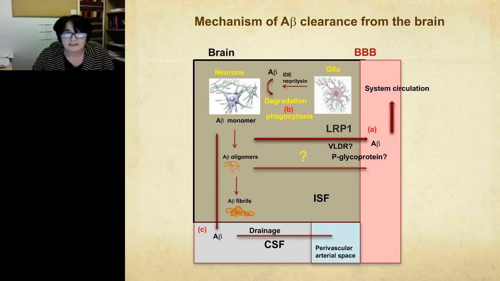It is mediated most probably by LRP1, low-density lipoprotein receptor-related protein 1, and maybe other receptors shown here could participate. Another way of A-beta clearance is degradation in the brain by extracellular proteases, such as insulin-degrading enzyme or neprilysin secreted by glial cells, or phagocytosis by microglia. And finally, part of A-beta could go to cerebrospinal fluid and be cleared by drainage into the perivascular arterial space.